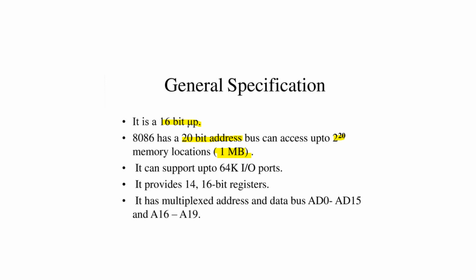In 8085, we have AD0 to AD7 and A8 to A15. Here, AD0 to AD15, so it consists of 16. Still remaining is 4, which will be available in A16 to A19.